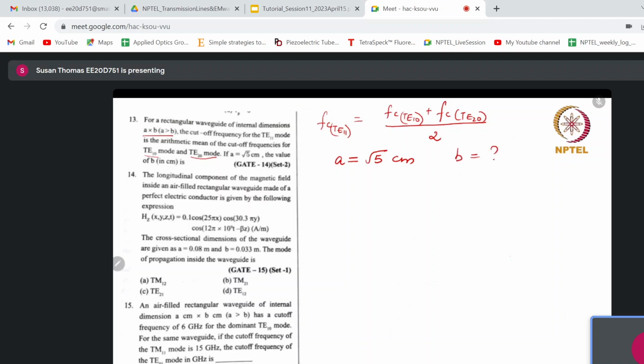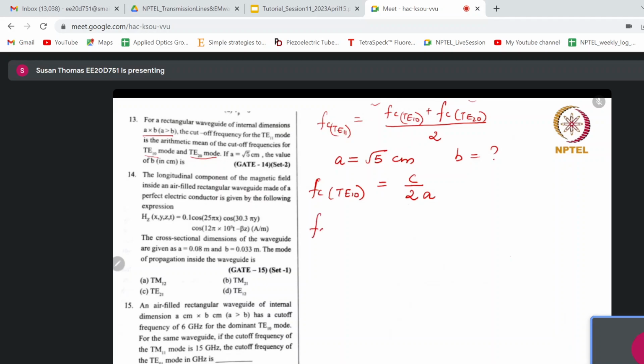Let's move on to see the cutoff frequency for each of these. Fc of TE10, that is C by 2 times square root of 1 by A the whole square, so that becomes 1 by A, and the cutoff frequency is C by 2A.